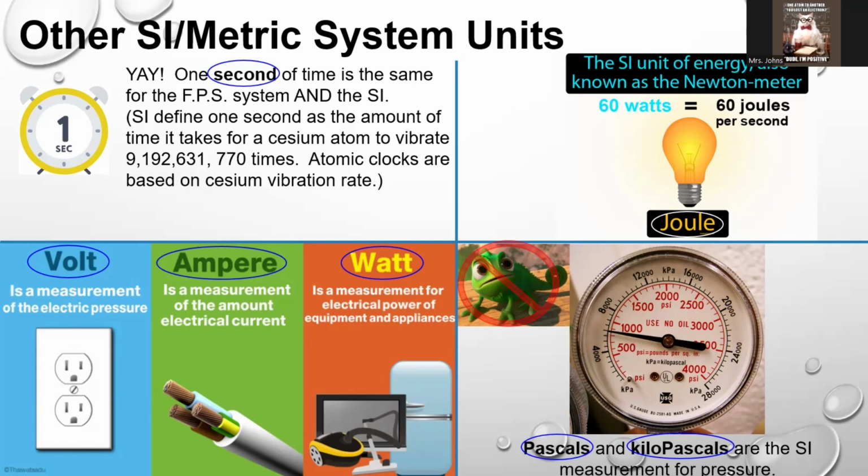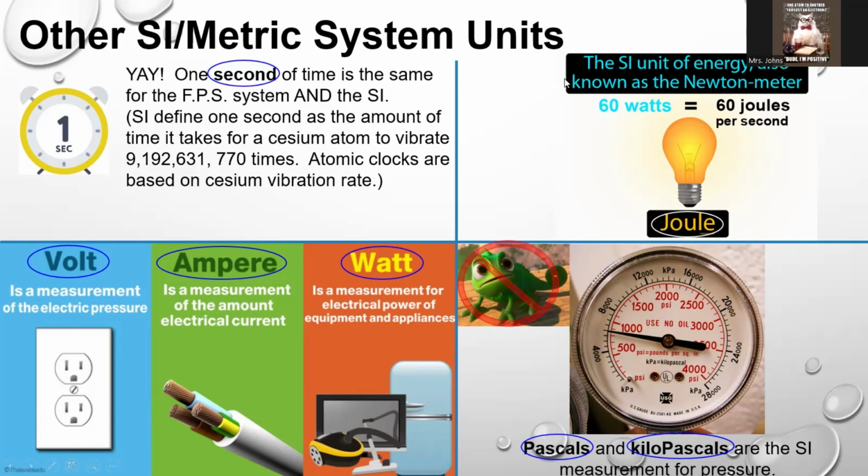So if you have an atomic clock, or your cell phone, it probably gets told whatever time it is based on an atomic clock somewhere. They keep time according to a cesium atom.